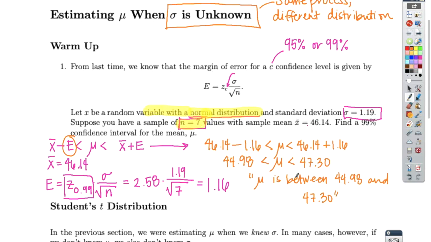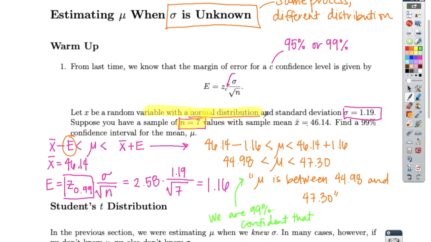And actually what we would say as the answer to this question is that we are 99% confident that mu is between 44.98 and 47.30. We can never express this with 100% confidence. We will never find what mu is.